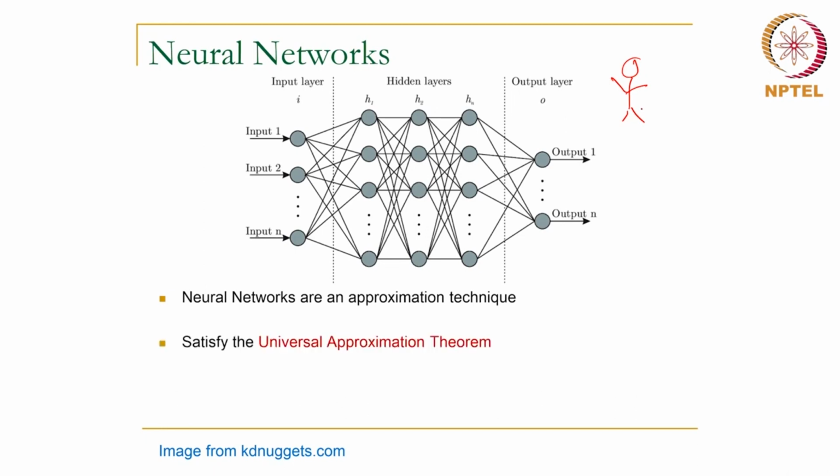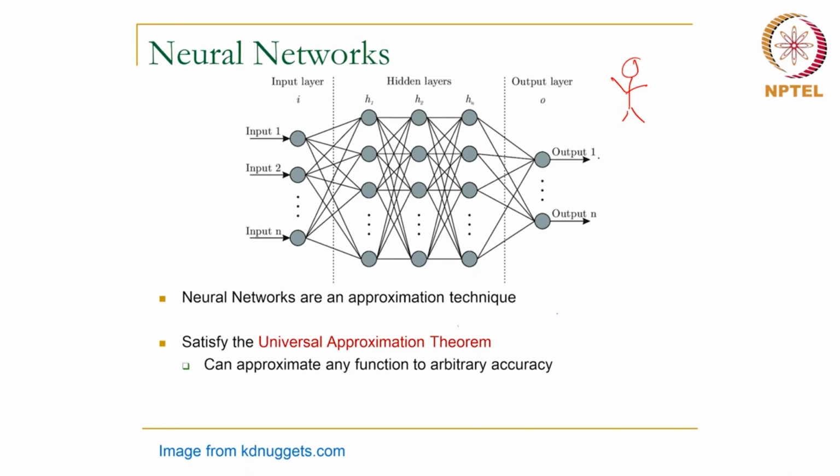The neural network satisfies something called the universal approximation theorem. Again, I'll briefly introduce this later on, but I'll just give you a big picture, hand-waving picture. What it says is that it can approximate any function, regardless of what function you give me, as long as I know the inputs and the output of that function.